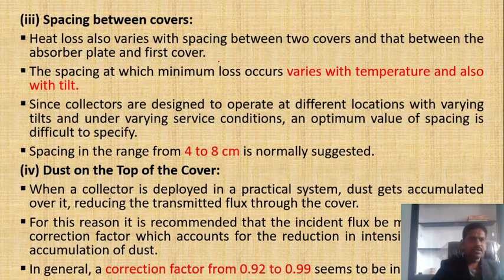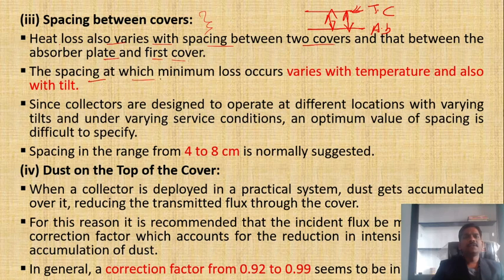Then another is spacing between the covers. So heat loss also varies with spacing between the two covers and that between the observer plate and first cover. So this is the transparent cover and this is the observing plate. So how much spacing in between them? This depends upon the performance.